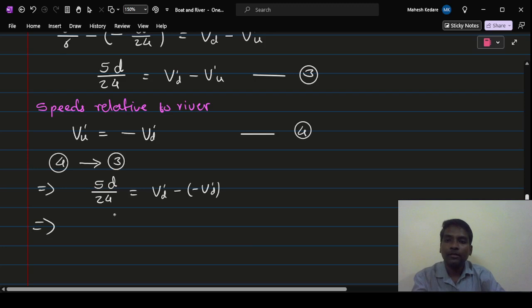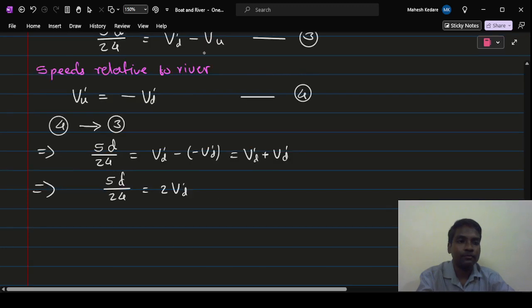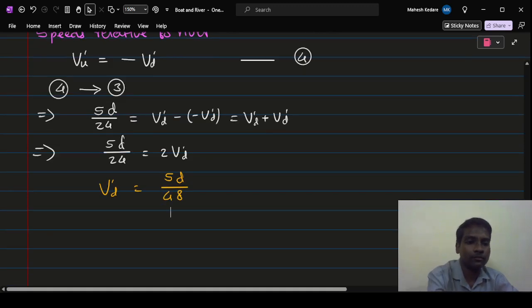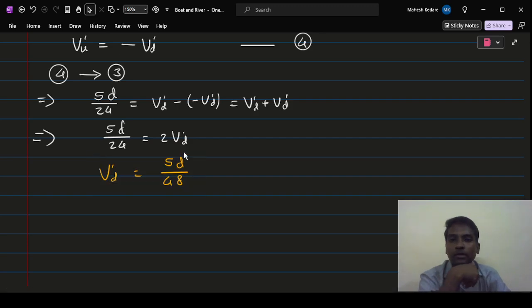This gives us 5d over 24 equal to V dash d, minus becomes plus, and we have 2 V dash d, and finally it gives us V dash d equal to 5d upon 48. We have found relative speed of boat in terms of the distance d.